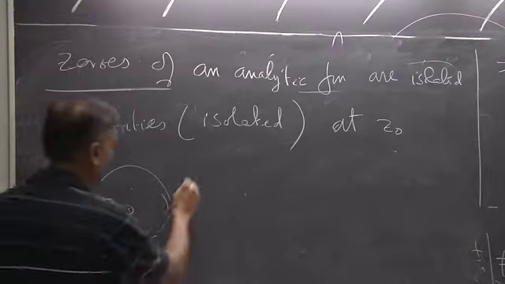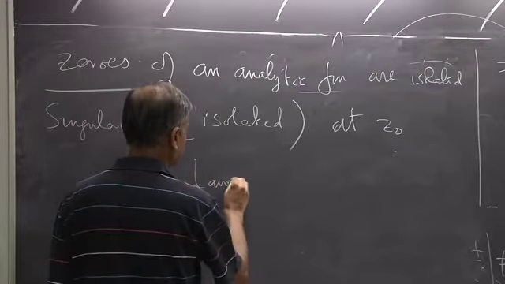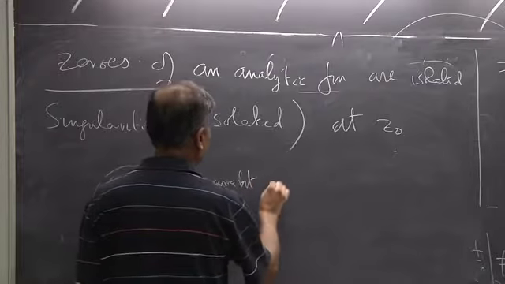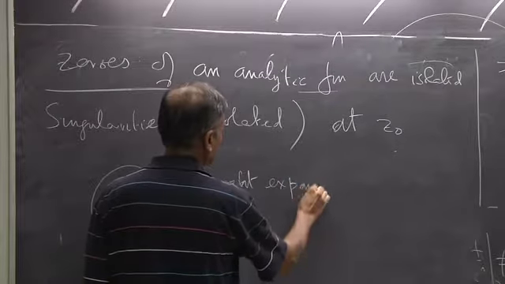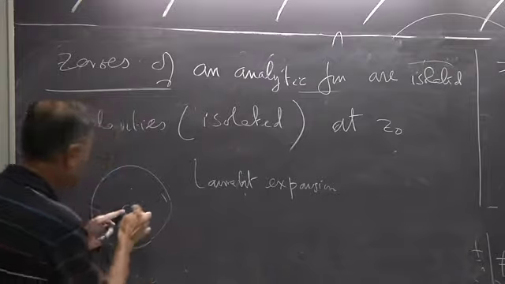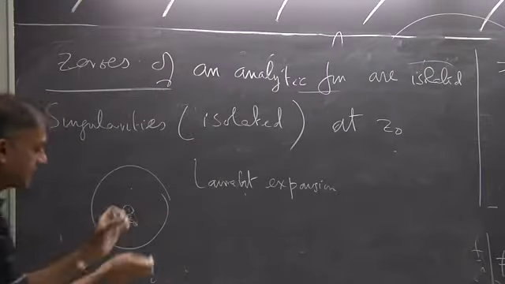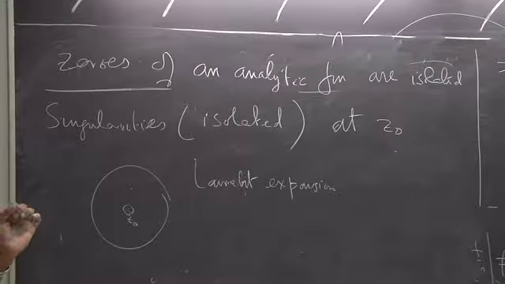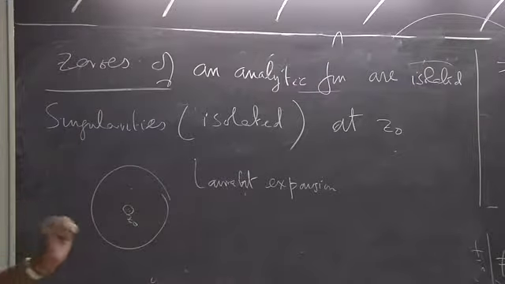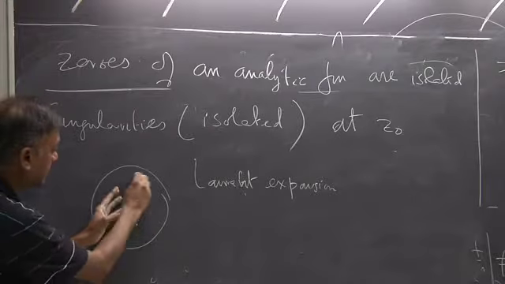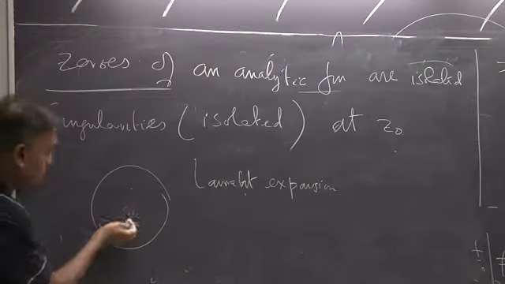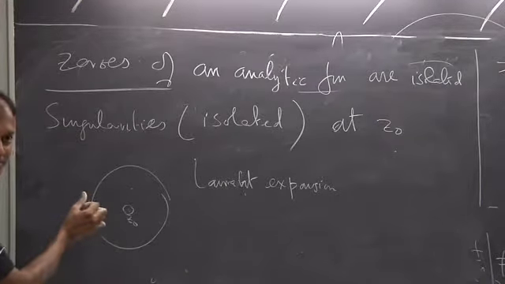So in general, I can make a Laurent expansion here, which will be valid all the way for z close to z naught, because this inner circle I can make as small as I wish, since we are saying that it's analytic everywhere except at z0.